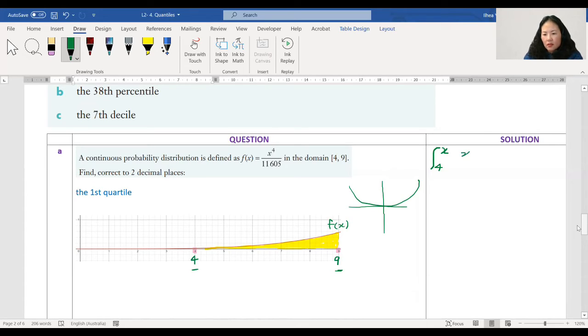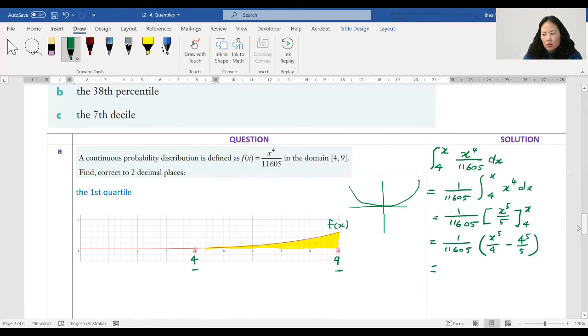So x to the power of 4, 11605 dx. Okay, and then I'm going to take the constant out, and then continue with the integration. So what they've done here: 4 to the power of 5 is 1024.